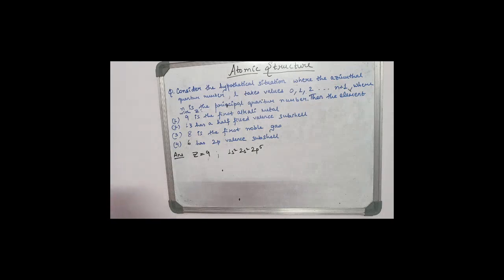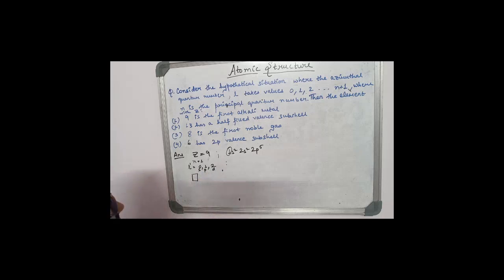So for n is equal to 1, we want to find out the number of values the azimuthal quantum number can take. For n is equal to 1, L is 0, 1, and n plus 1 means 1 plus 1 is equal to 2. So let's find out how the subshells look. L equal to 0 means s, L equal to 1 means p, and L equal to 2 means d.